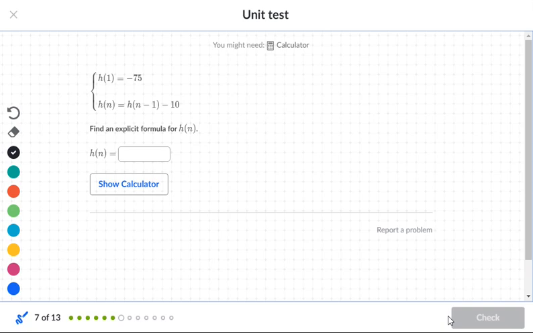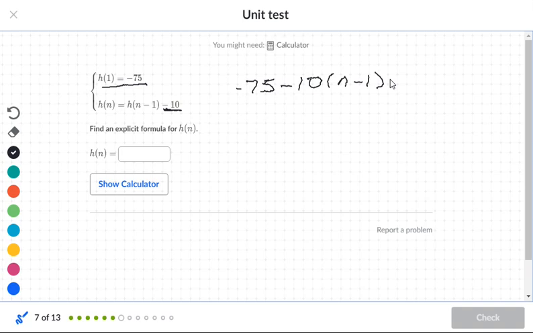So we have h of 1 is equal to negative 75, and we want to find the explicit formula for h of n. Right here, this is arithmetic, and this is my first term because I know that's 1, but I know this is arithmetic because that's a minus 10 there. So we start off with the very first term, negative 75. Our rule is a negative 10, and then we want to finish with the n minus 1, but this does not become an exponent.